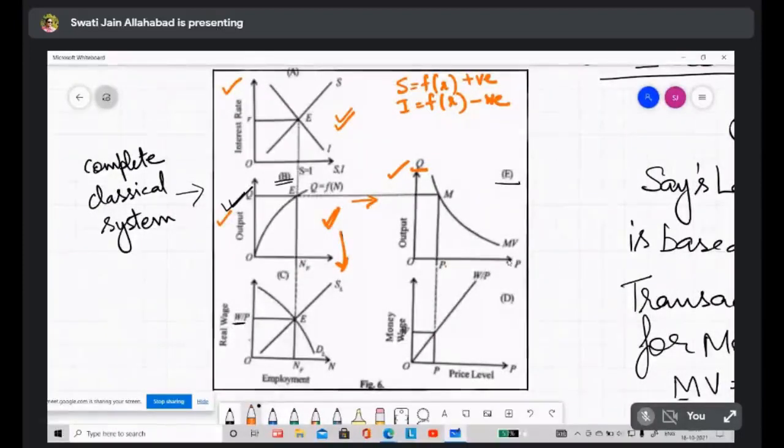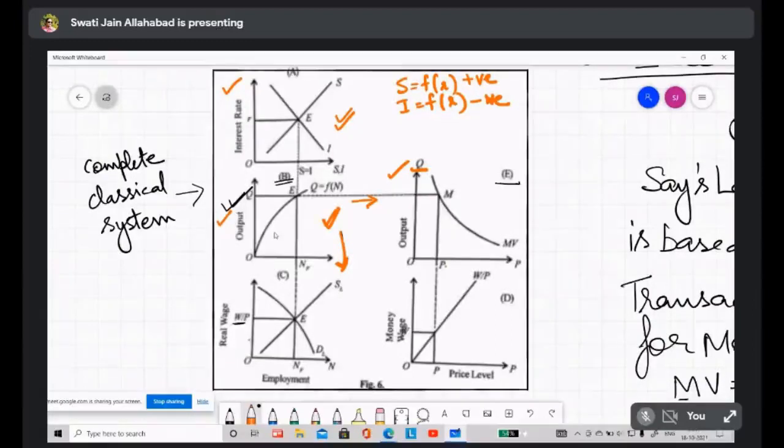So in this system, you can change the level of output, or you can change the level of employment, you can change the level of demand for labor or the supply of labor. But what you are saying is that money supply is given, and demand for money depends on the level of output. So demand for money is not an independent variable, but it is a dependent variable which depends on the level of output. So whatever is the level of output, that much money will be required to make the transaction.